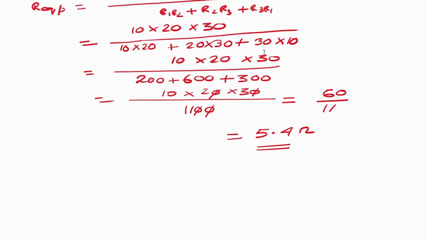That means 10 into 20 into 30 by 200 plus 600 plus 300.